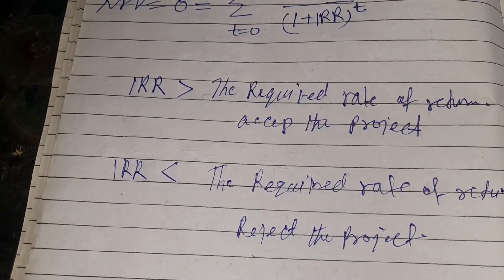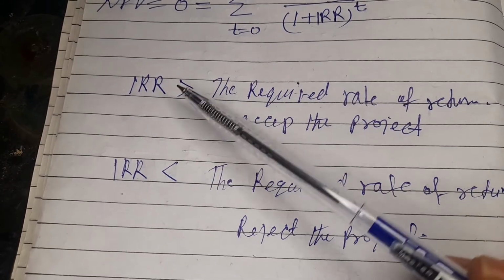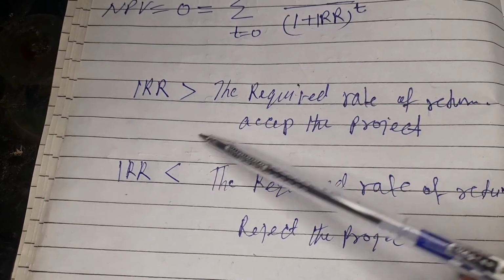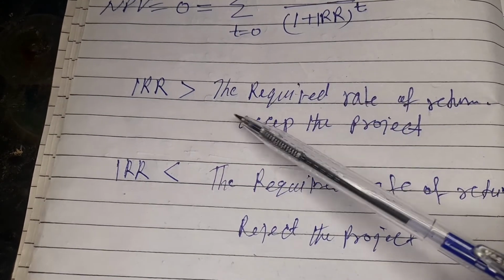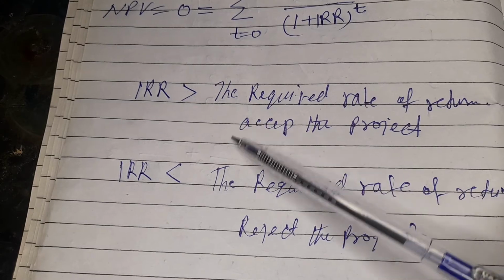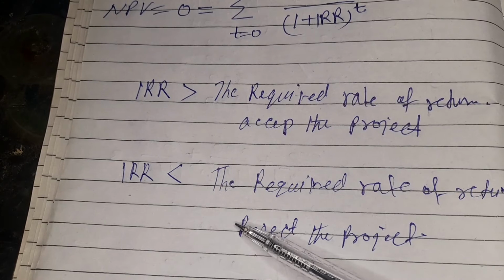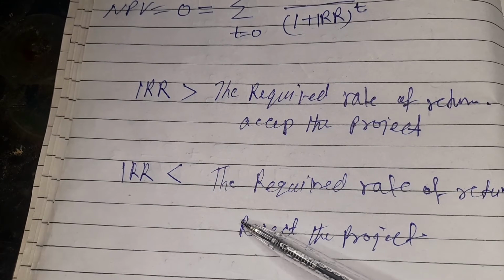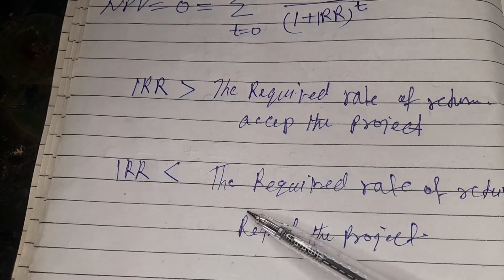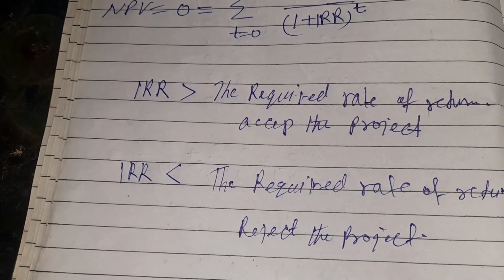So simply we can say that if IRR is greater than the discount rate or cost of capital, then we will accept the project. If IRR is less than the cost of capital or opportunity cost or required rate of return, then we will reject the project.